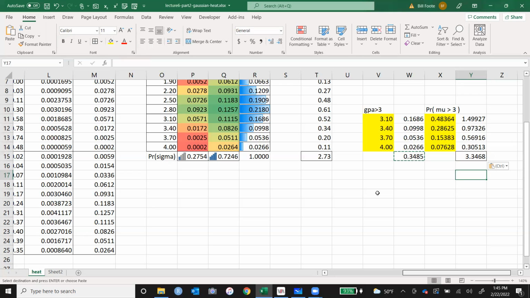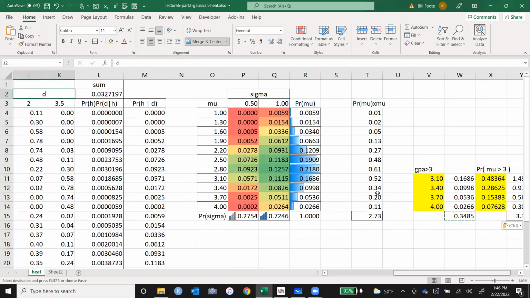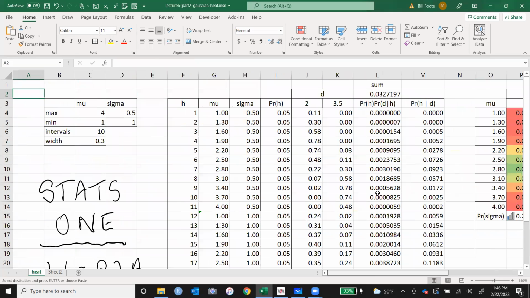Okay, so we just did 3 things. We used an 11-point mu system here, 10 intervals. We did this across two different performance environments, a low uncertainty and a high uncertainty environment. We postulated that each of these 22 hypotheses, 11 times 2, are equally likely.